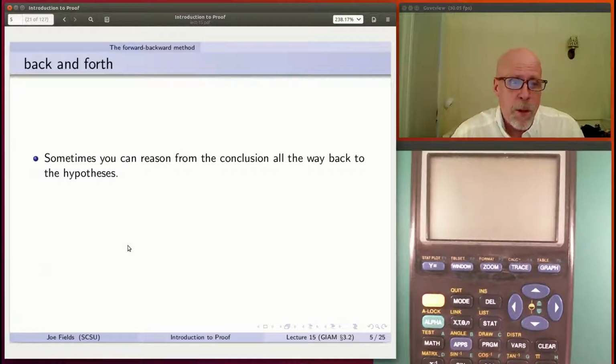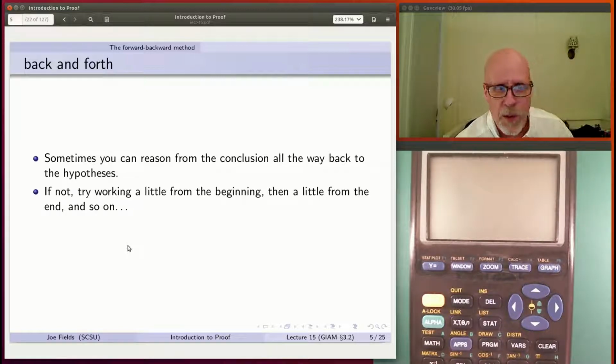So what's the forward-backward idea? Back and forth. So sometimes you can reason from the conclusion all the way back to the hypothesis. And then, in fact, you work backwards through the whole thing. That's more or less the case with the proof we're going to do as an example first, the AM/GM inequality. But sometimes that doesn't work.